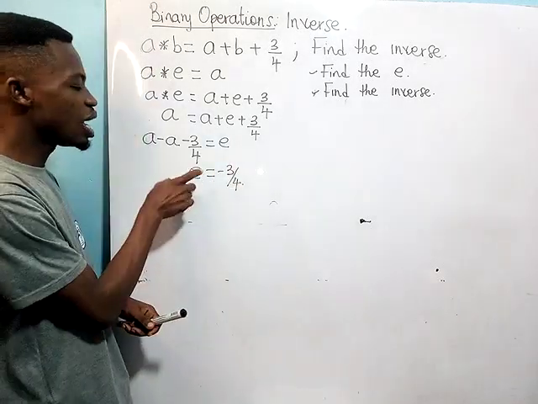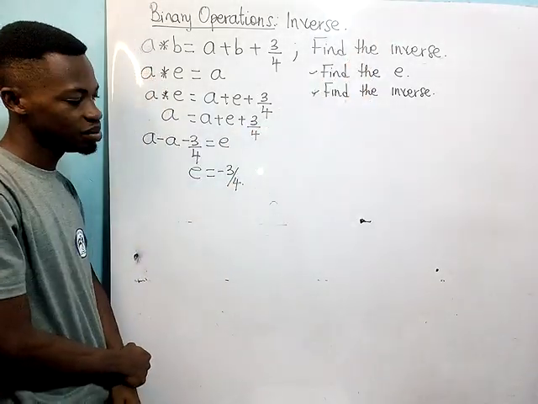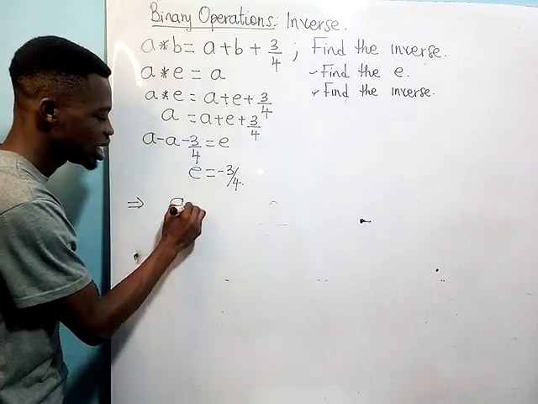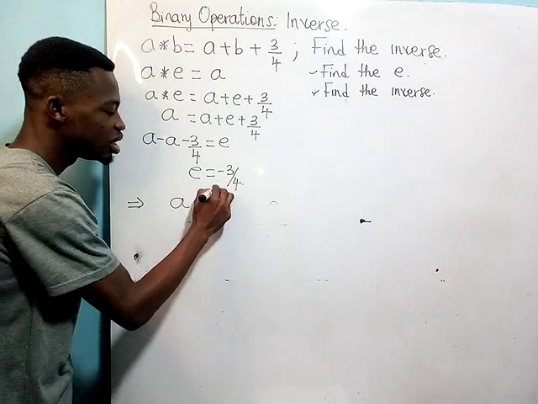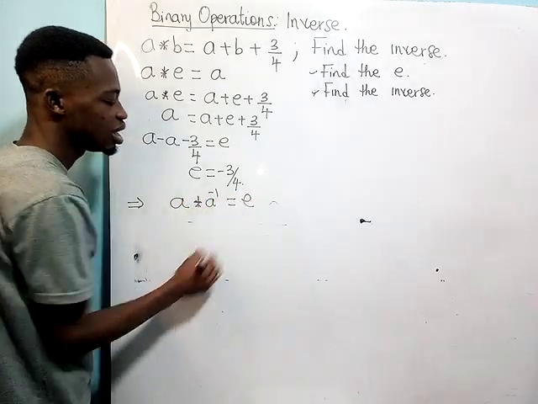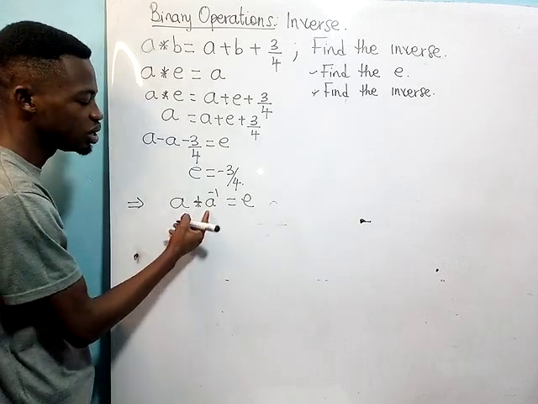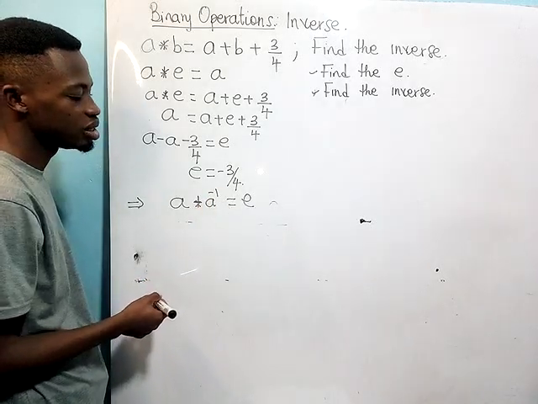Now, since we have the identity element, we can now find the inverse. Remember, we learned that a number operation its inverse must give us the identity element. So A operation its inverse must give us the identity element.